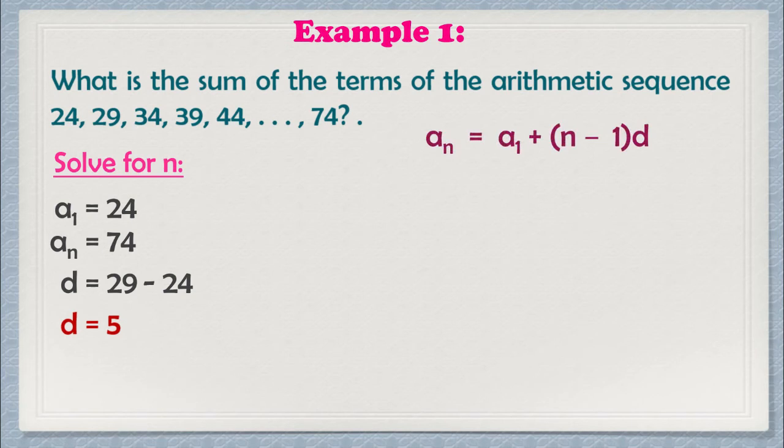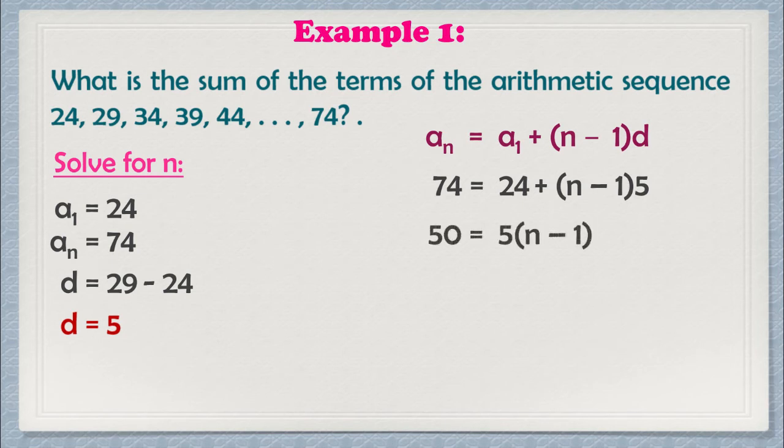Now, using the formula for arithmetic sequence, we substitute the given values. Here you have a sub n, the last term, is 74, a sub 1 is 24, and d is equal to 5. Notice that after substituting the given values, we only have one unknown, which is n. So, simplifying, we'll have 50 equals 5 times the quantity n minus 1.